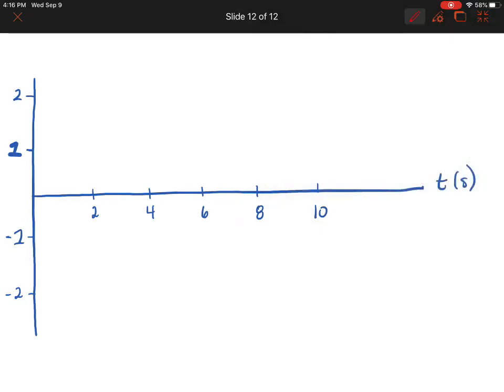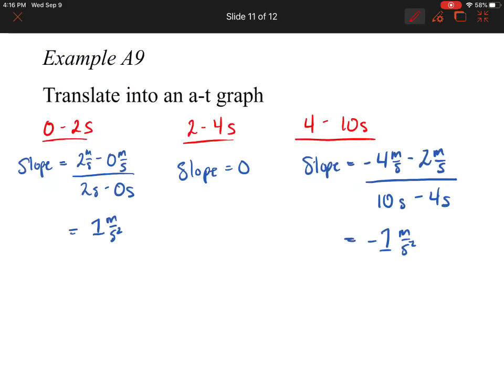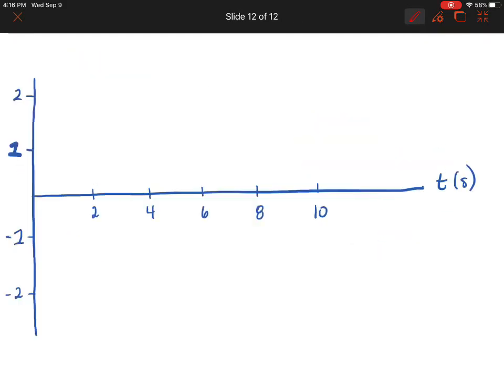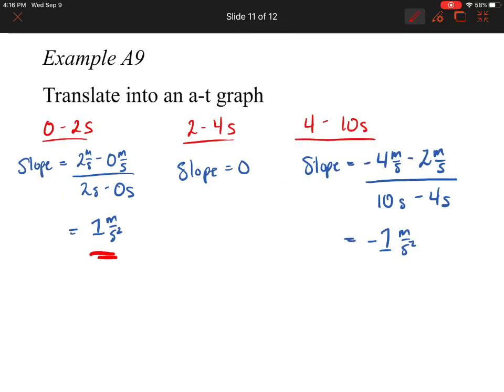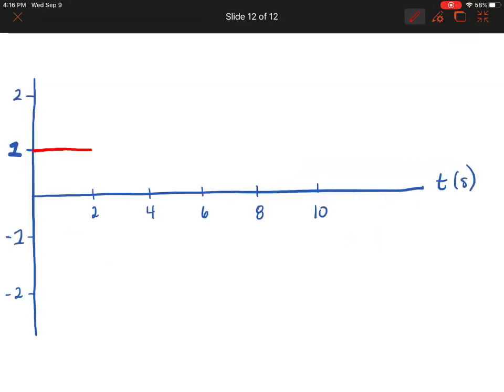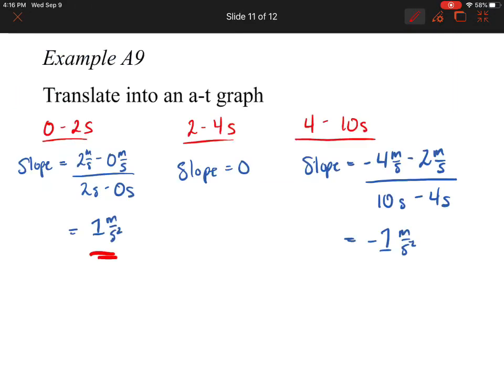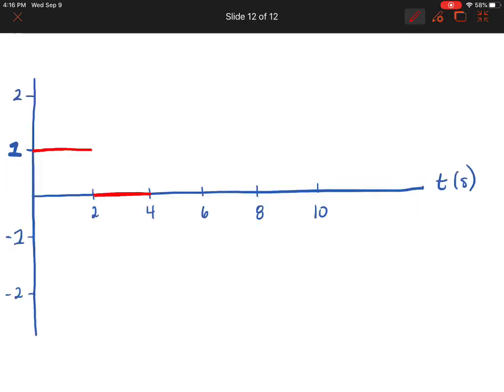Okay, so what did my acceleration look like? Remember, from 0 to 2 seconds, it was 1 meter per second squared, positive. So from 0 to 2 seconds, it just stays right there. Okay, and then what do we have? From 2 to 4 seconds, we had a slope of 0, so that was our acceleration, 0 meters per second squared. So that's my acceleration from 2 to 4 seconds. And then we go back to 4 to 10 seconds, and my slope there was -1.